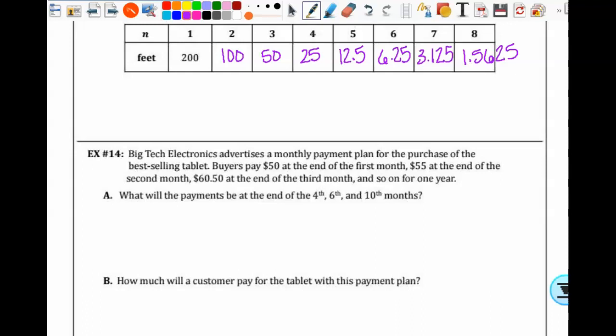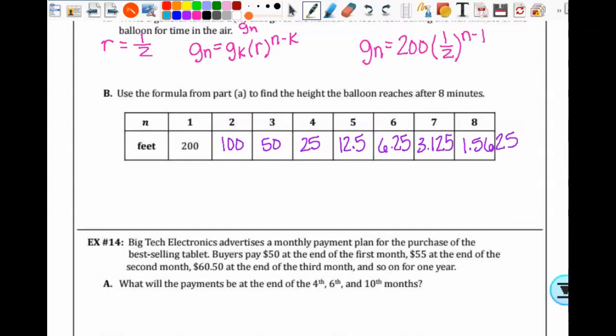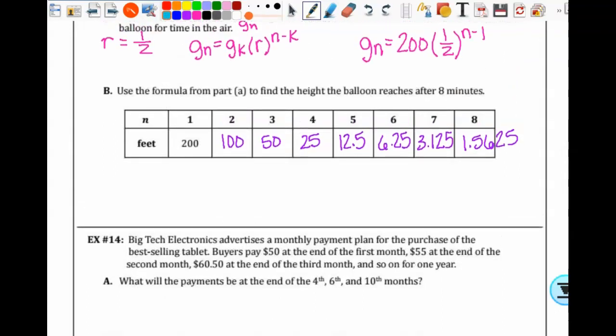All right, so let's go back and read this question here. It says, use the formula from part A, boom, which we sort of used it, we just used R, and to find the height the balloon reaches after 8 minutes. So is this my answer? No. If it said, how far does the balloon travel in the 8th minute, that would be my answer, right?